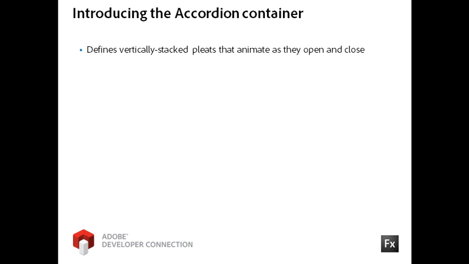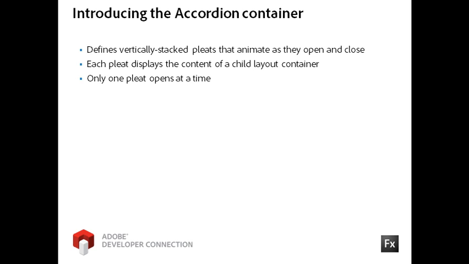The accordion container defines vertically stacked pleats that animate as they open and close. Each pleat displays the content of a child layout container, and only one pleat can be open at a time. You implement the accordion container in MXML with the MX accordion tag set.